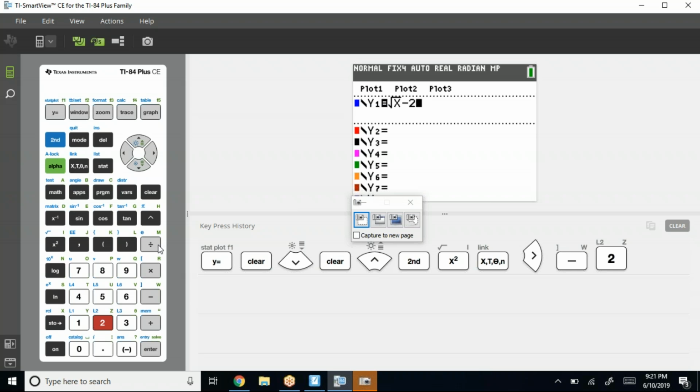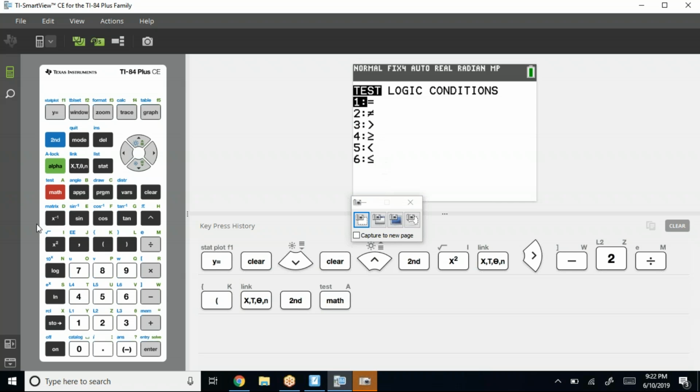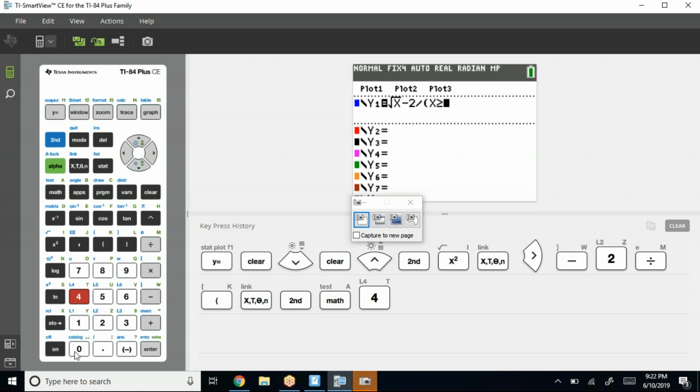So hit division, parentheses, x, and then we'll go to second math, and it will be number 4, and then put 0, close parentheses. And that is a domain restriction that you can actually tell your calculator to only start at 0 for x's, okay?